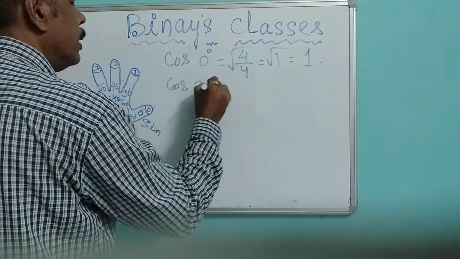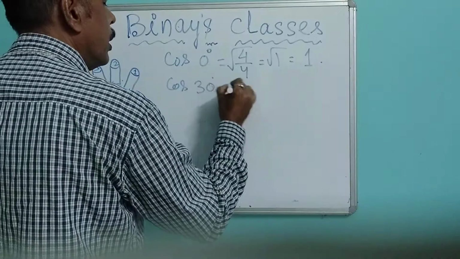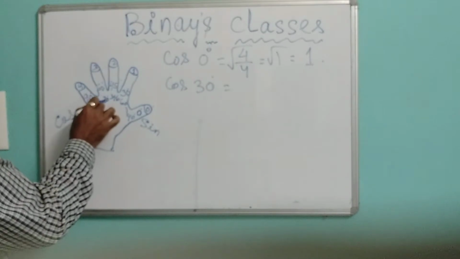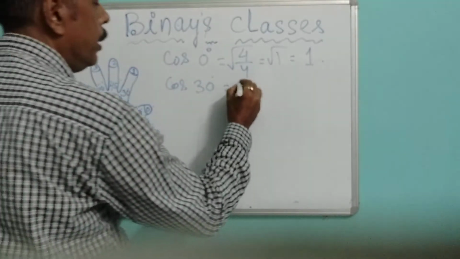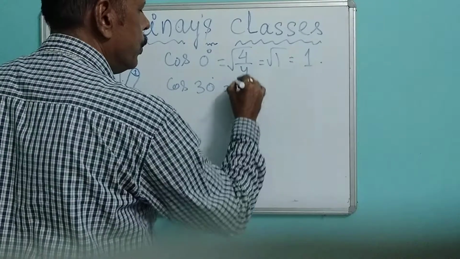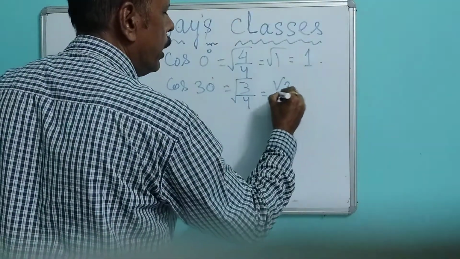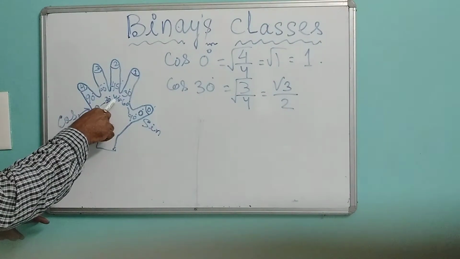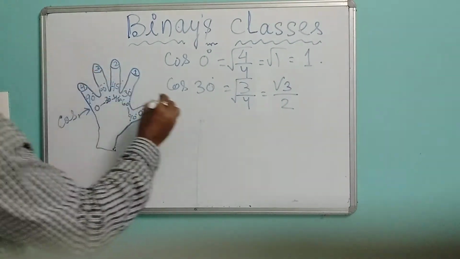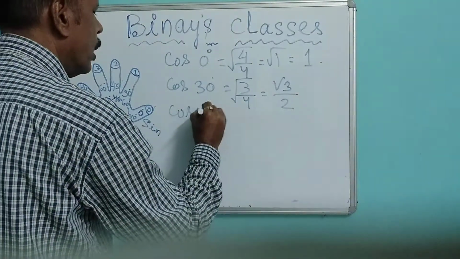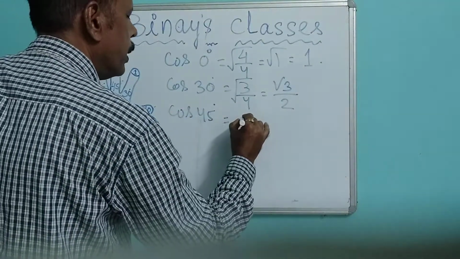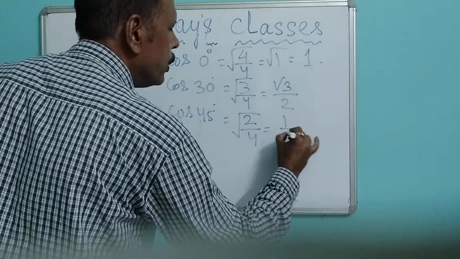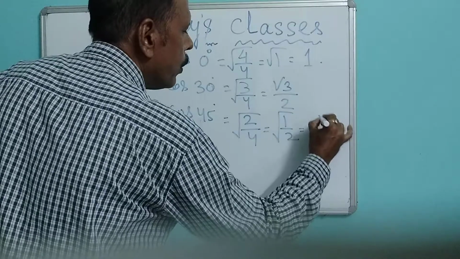Cos 30, finger number is 3, 3 by 4 root over, root 3 by 2. Cos 45, finger number 2, 2 by 4 root over, 1 by 2 root over, 1 by root 2.